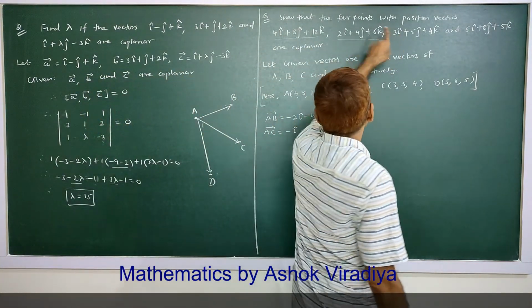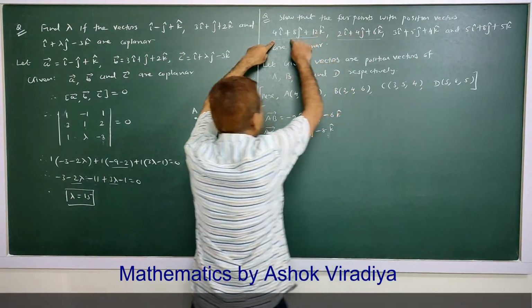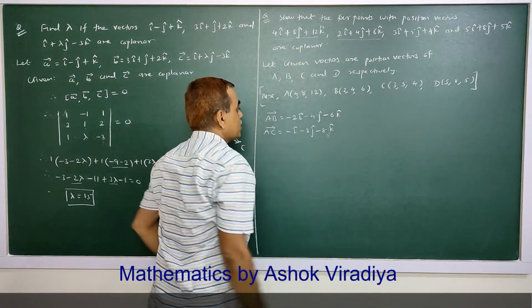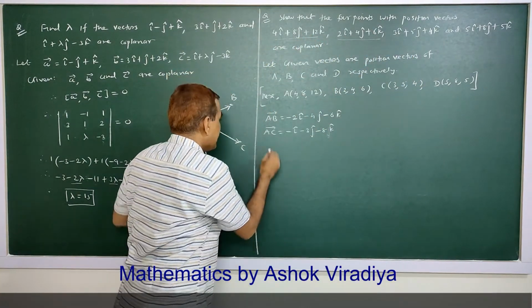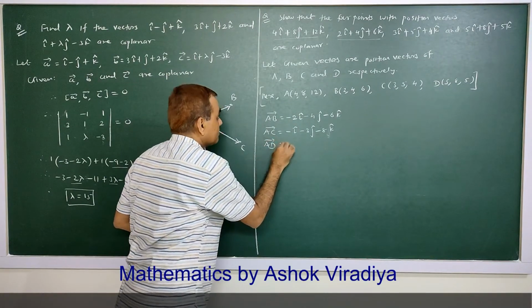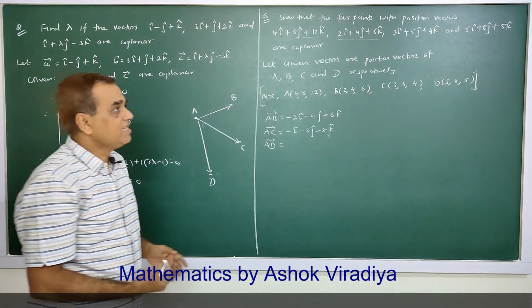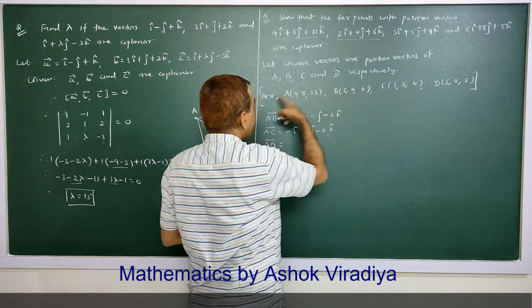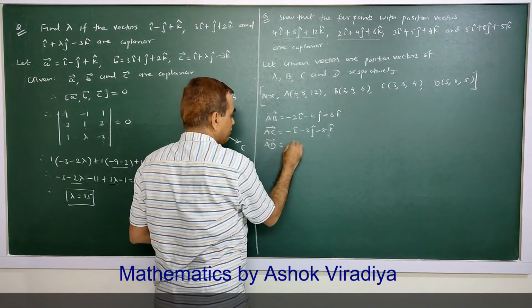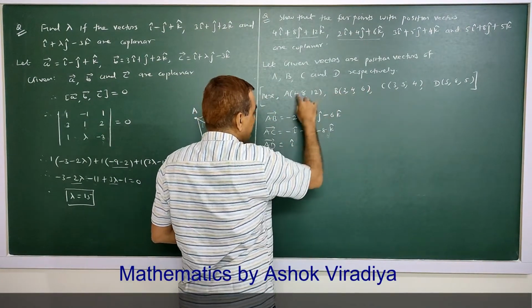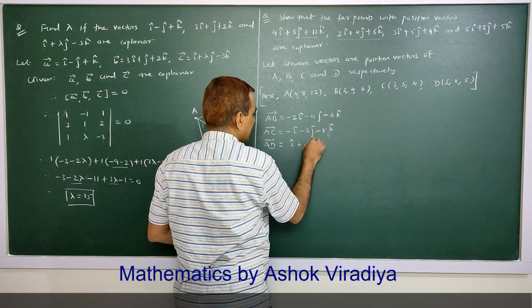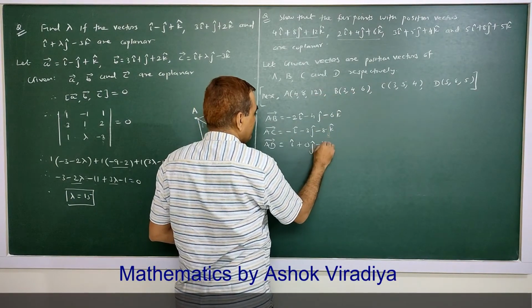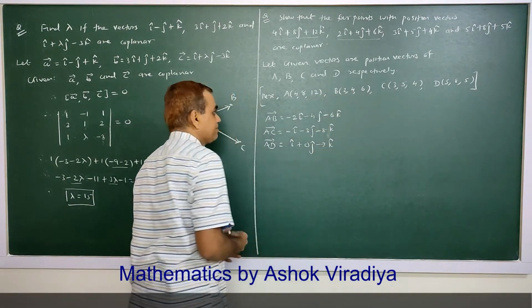AC: 3 minus 4, 5 minus 8, 4 minus 12. Then vector AD is D minus A. So 5 minus 4 is 1I, 8 minus 8 is 0J, 5 minus 12 is minus 7K.